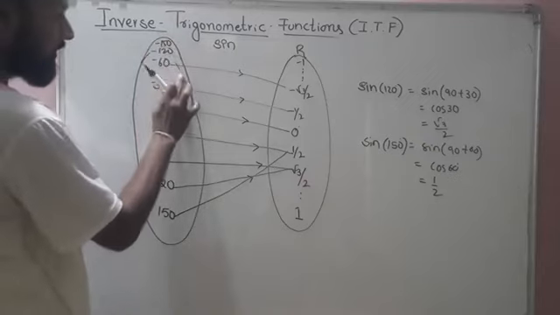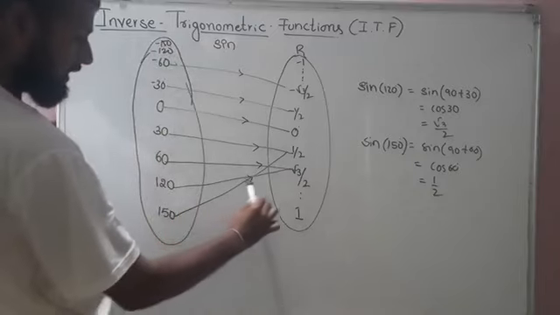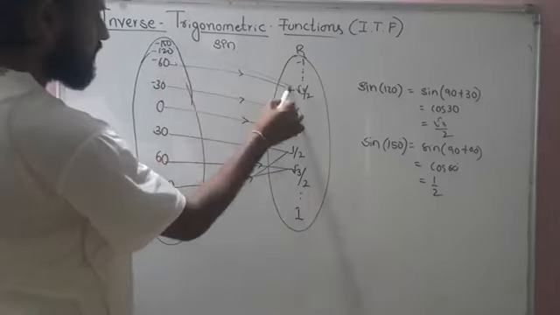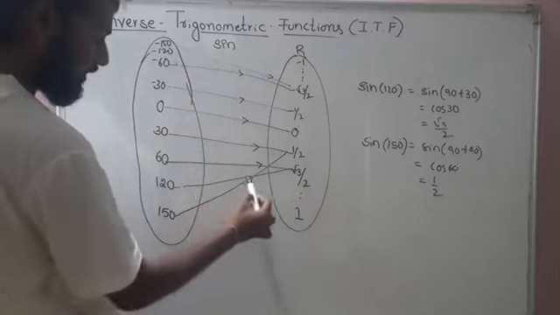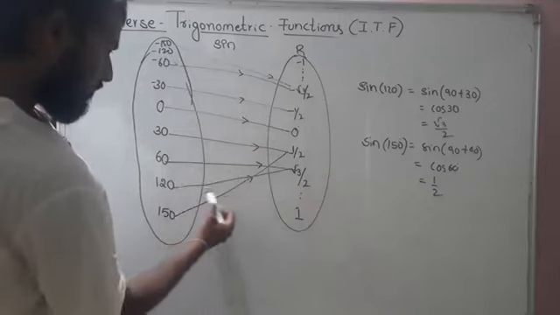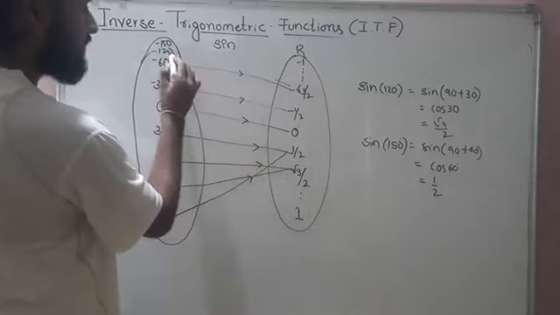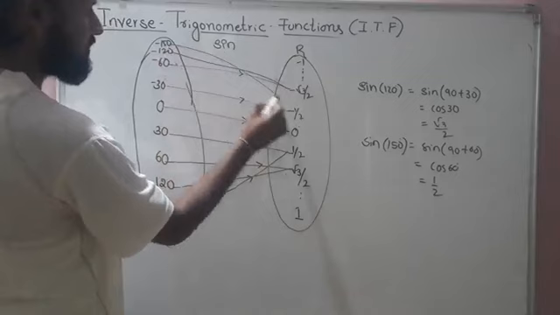Minus 120 will be connected to minus √3/2. Sorry, 120 is connected to root 3 by 2, and this is connected to minus half.